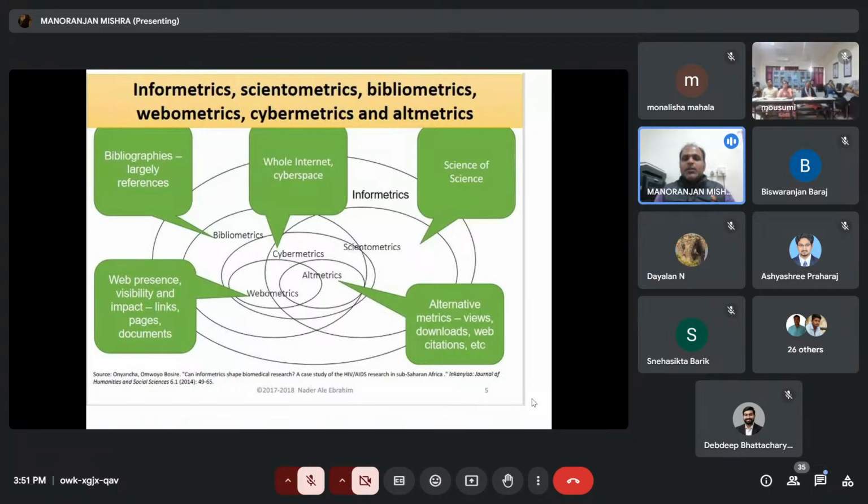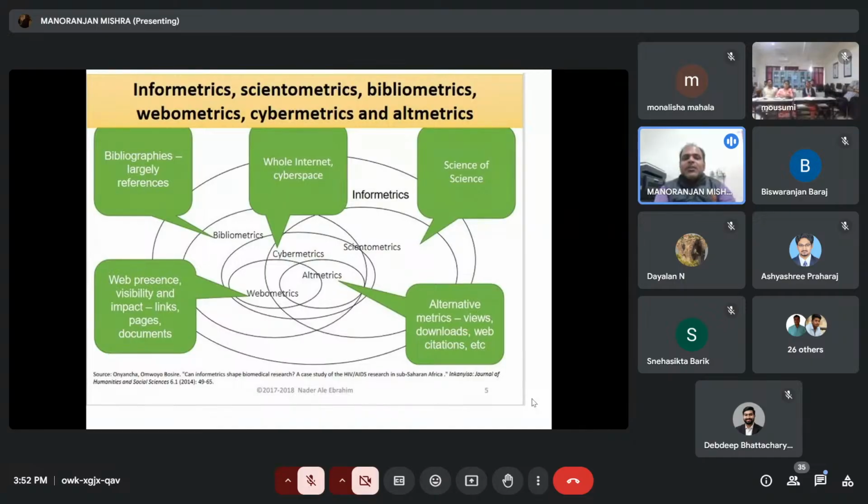When I say scientometrics, it is the science of science. When I say altmetrics, that is alternative use, downloads, web citations, not from the scientific world but from the other world, from social media kind of things. When I say webometrics, that is web presence, visibility, impact, link pages, and documents. So there can be a number of metrics studied, but these are quite interesting to look into.